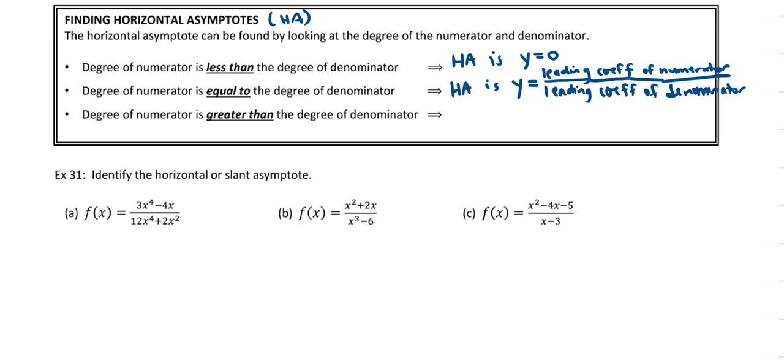Now, the last possible case: if the degree of your numerator is greater than the degree of your denominator, then you do not have a horizontal asymptote. That's kind of nice, but I will let you know that you may have what they call a slant asymptote.